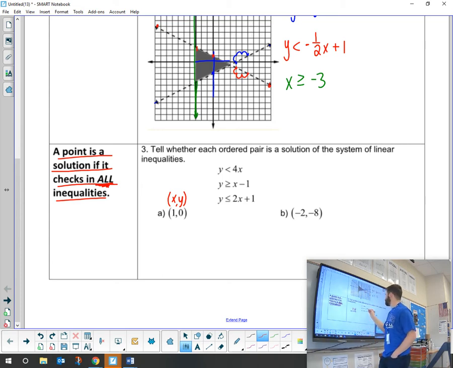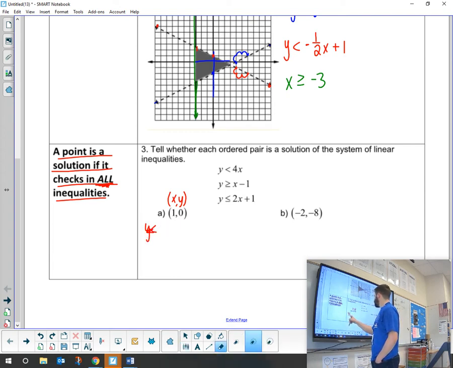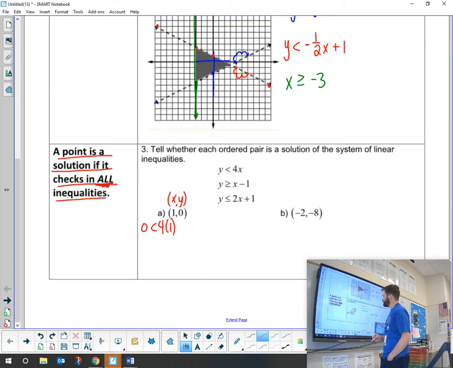So let's see. So this first one, y is less than. We're going to plug into this first one first. But I'm going to go ahead and replace y with 0, and I'm going to replace that x with 1. Hey, is 0 less than 4 times 1? Yeah, it is. So this one's true for this one. Okay, let's try the next one.